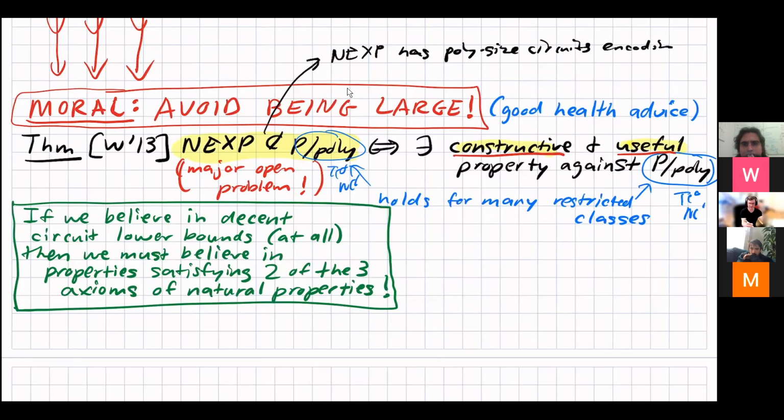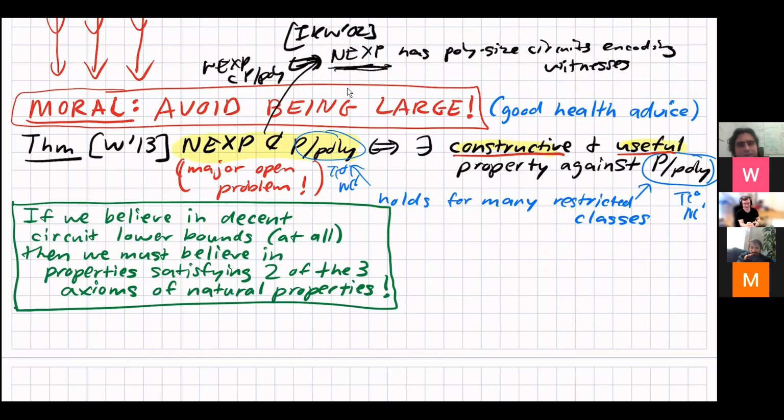This was proved by IKW, Impagliazzo, Kabanets, and Wigderson. So for every NEXP verifier that you come up with, this is equivalent to NEXP in P/poly. If NEXP is in P/poly, then other things are in P/poly, namely the witnesses for verifiers.